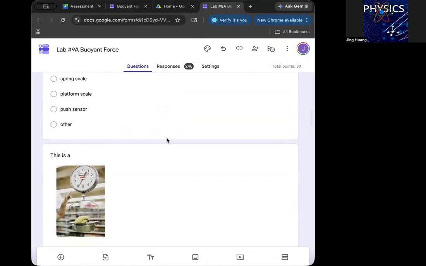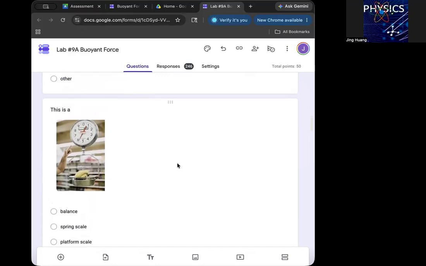This is also very important to human development. For example, after navigation was developed, people sailed long distances, and the boats and the ships can float. So this all has to do with buoyant force and Archimedes principle.